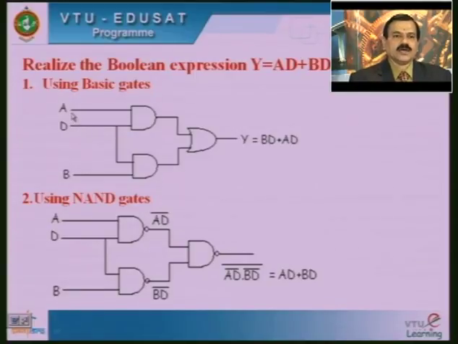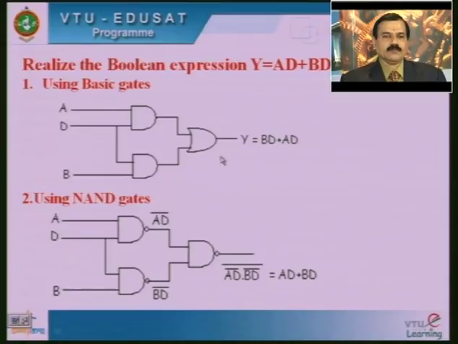So now the output of the first stage AND gate is equal to A into D, and similarly the output of the first stage gate represented at the bottom of the circuit is B into D. Then both the multiplied values, or AND values, are added in the OR gate.